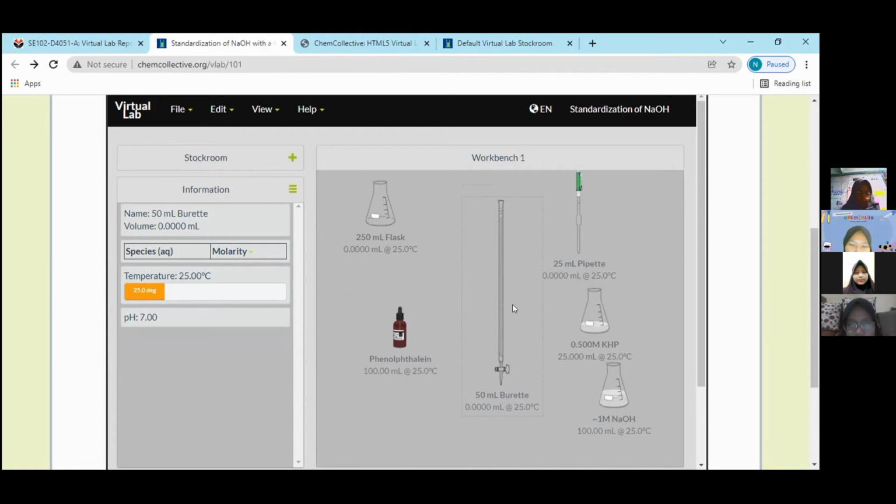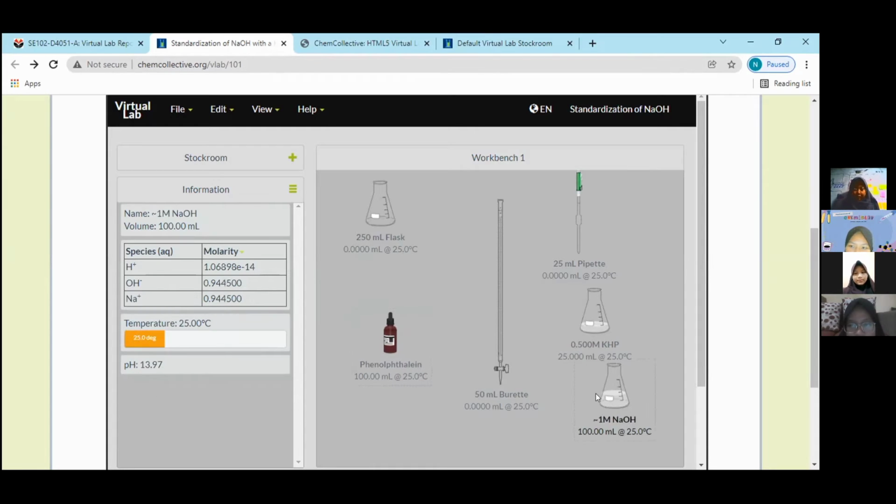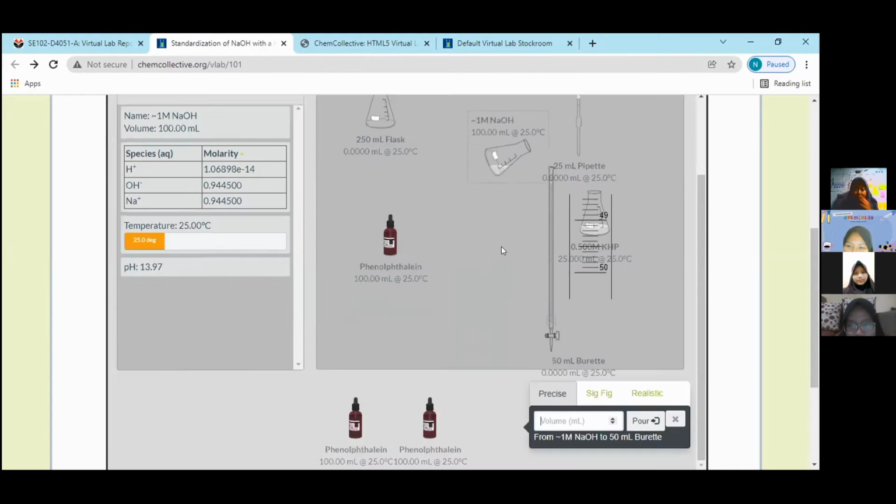Okay, the first step is to set the materials and the apparatus. As you can see here, there are many kinds of apparatus and materials. The second step is to pour 50 milliliters of NaOH into the burette.